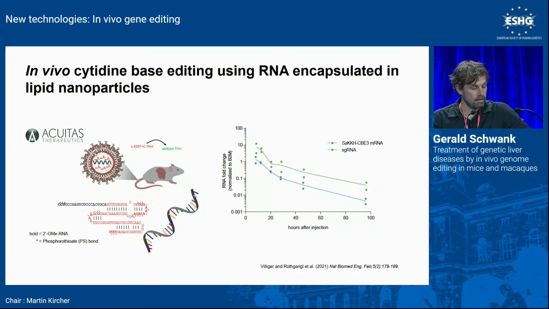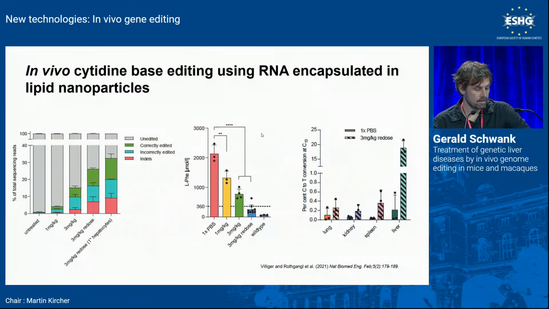So these lipid nanoparticles enter the cells via the LDL receptor that is expressed in the liver. So if you inject them systemically, they very efficiently home to the liver. Now what we see here is that indeed with the mRNA technology you get very transient expression. We're here on a logarithmic scale, so basically after 4 days there's no expression of the guide or mRNA left.